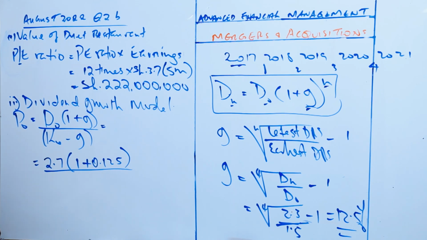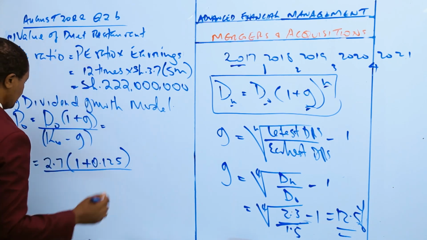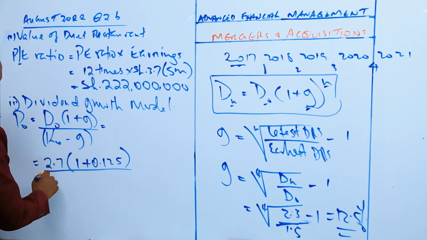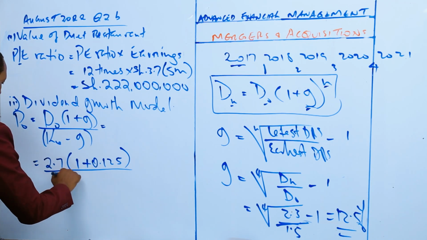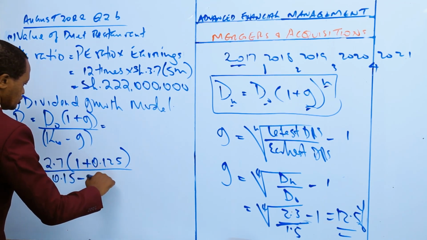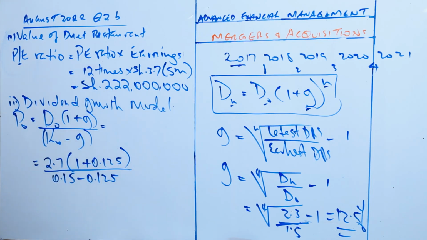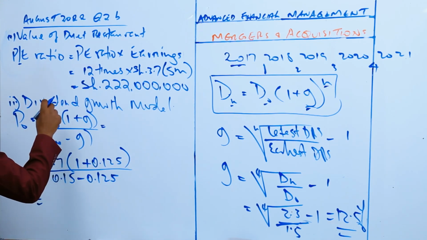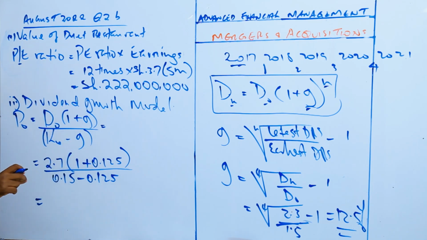So we use the rate of return of the acquirer, which is 15%. Convert 15% into decimal, you have 0.15 minus the growth rate 0.125. That will give us the value of this target using the dividend growth model.